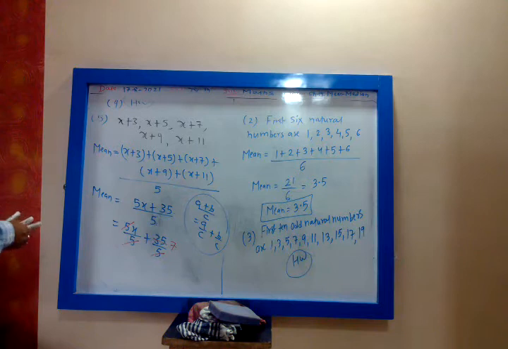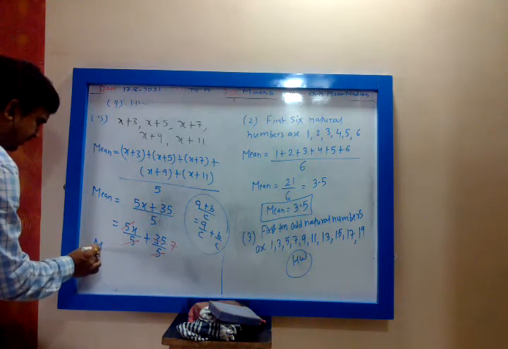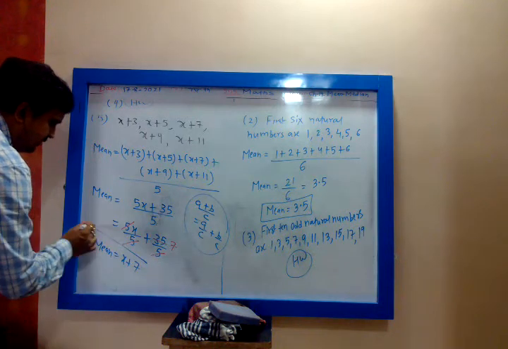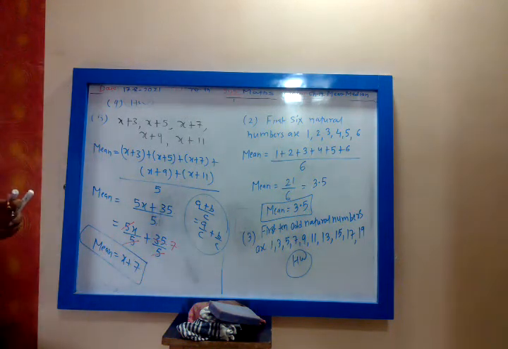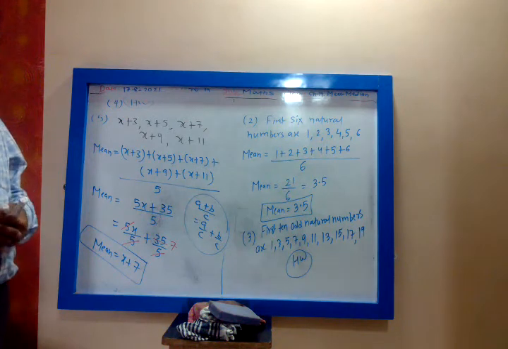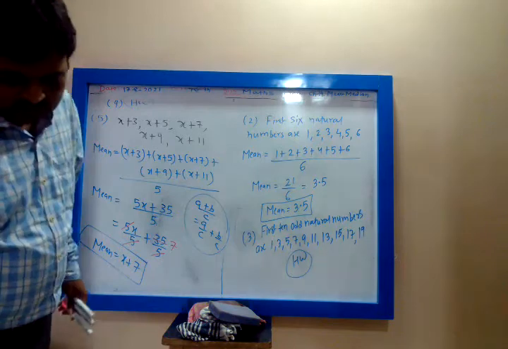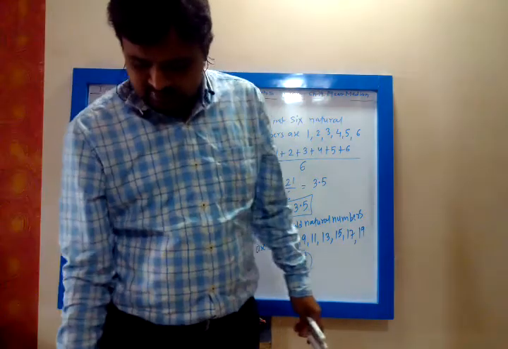So the mean value is x plus 7. You can directly write it; I have put that in the bracket. Okay.